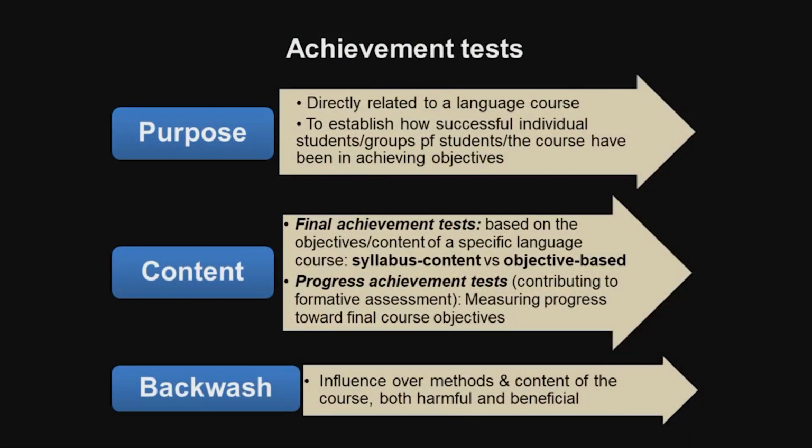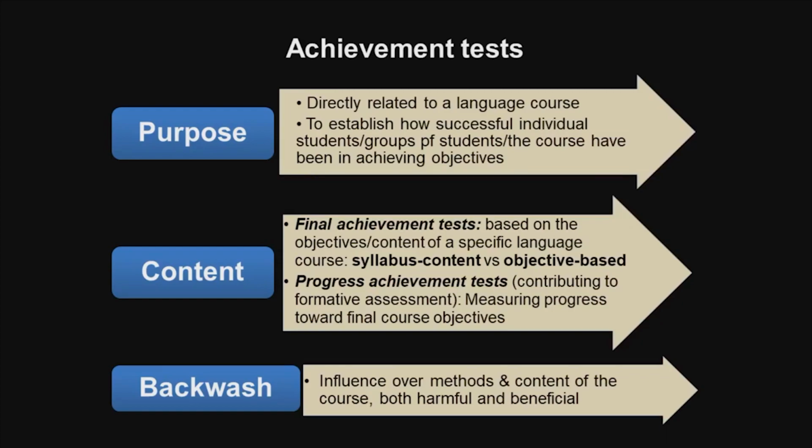And of course, the backwash of achievement test is also great, but it's greater for progress achievement test, because after a few units or a few lessons, you give a test and you know whether you are doing the right things.